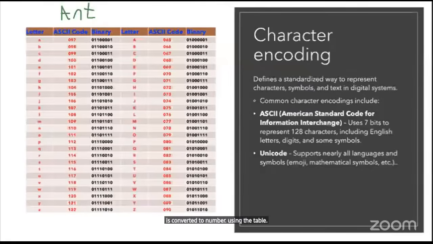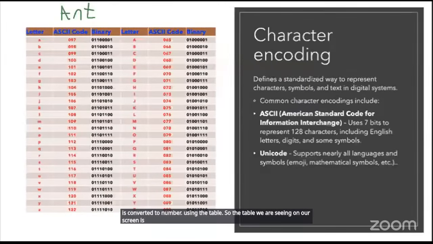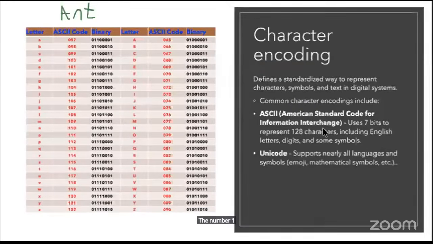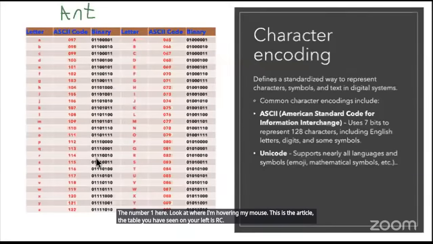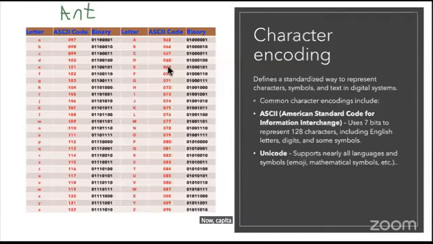The table we are seeing on our screen is the ASCII code, the number one here. Look at where I'm hovering my mouse. The table you are seeing on your left is ASCII. Now, capital A is, I can't even see this very clearly, 065. So below your screen, I'm writing them down now. For A, let me use red, 065.